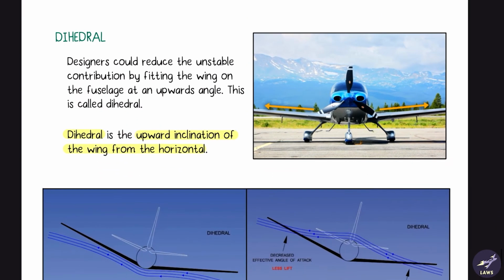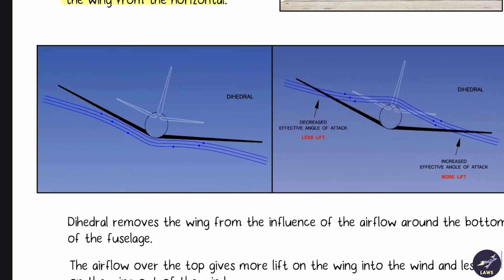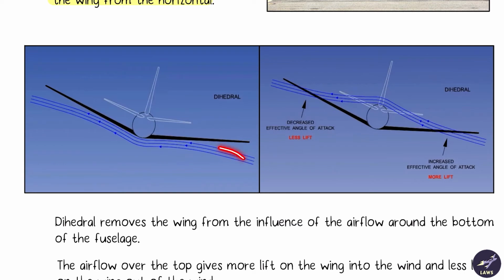Then we have dihedral, which is a modification to the low mounted wing. It is basically the upward inclination of the wing from the root to the tip. So this is the dihedral. Dihedral is unaffected by the airflow which is going below the fuselage. It is affected by the airflow which is above the fuselage.